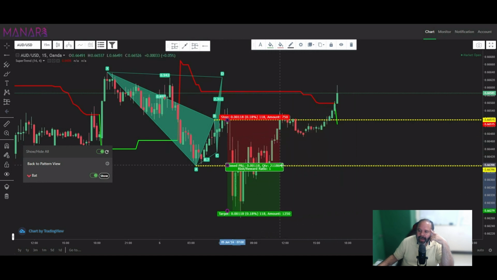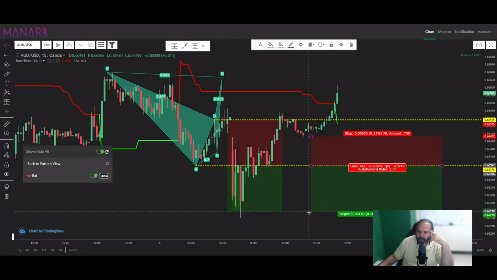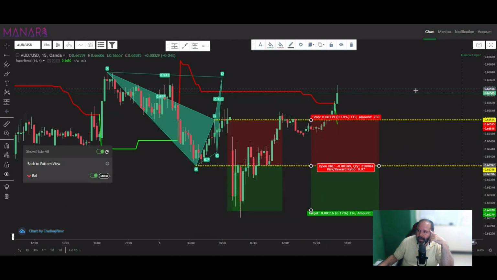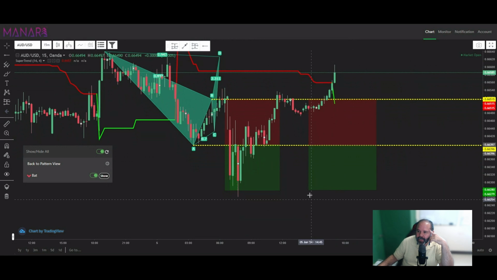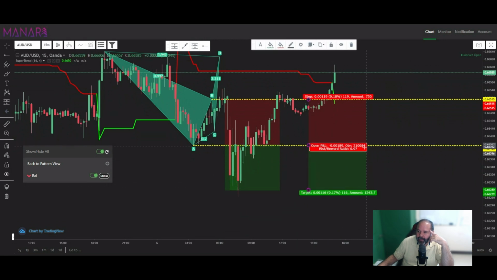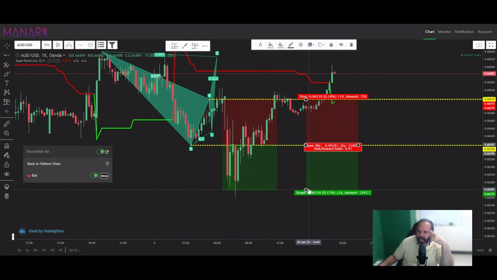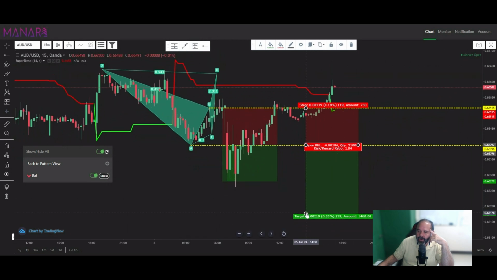And then I place a second order that is a 1-to-2 risk reward ratio. So a 1-to-2 will be there. Same entry, same stop loss, different take profit. That's why all the signals that I give you are going to have a TP1 and a TP2. Now, let me explain to you why I do this.